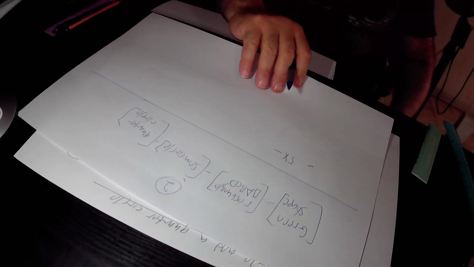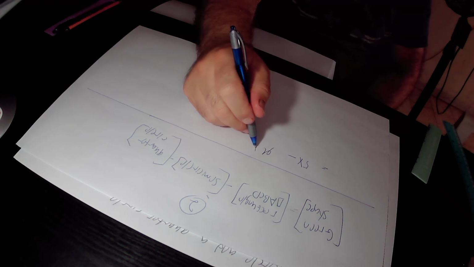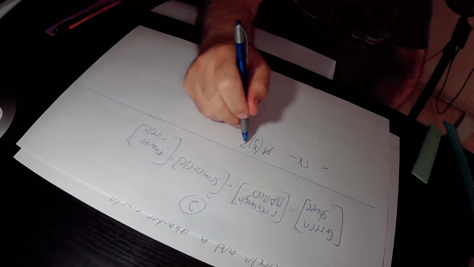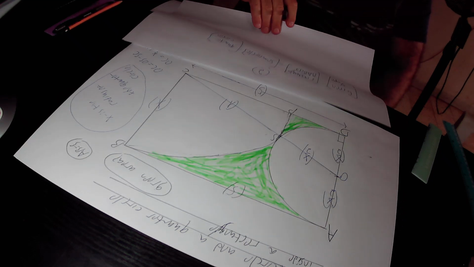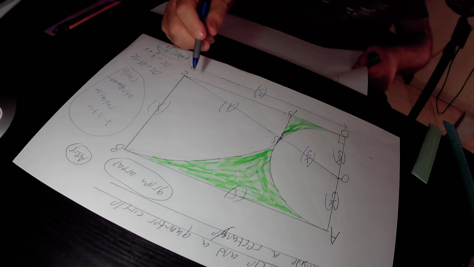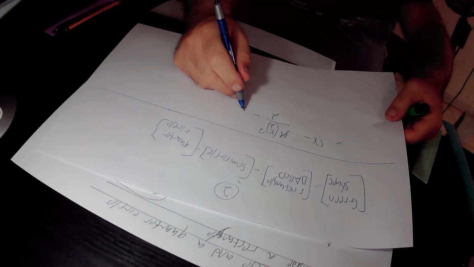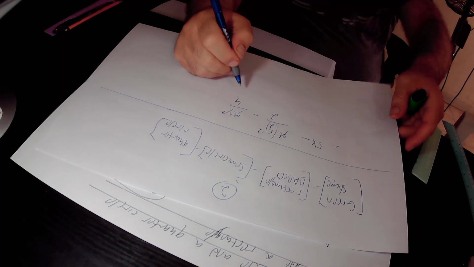The area of the semicircle equals pi times the radius squared, that is x over 2 squared, divided by 2, minus the area of this quarter circle. The area of the quarter circle equals the area of the circle over 4. The area of the circle is pi x squared, and pi x squared over 4 is the area of the quarter circle.